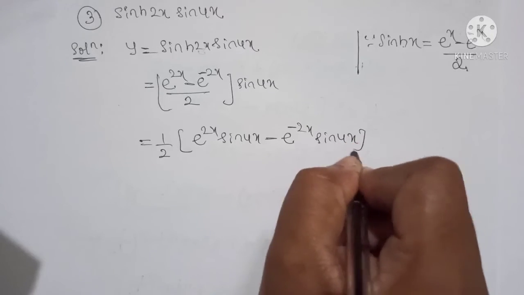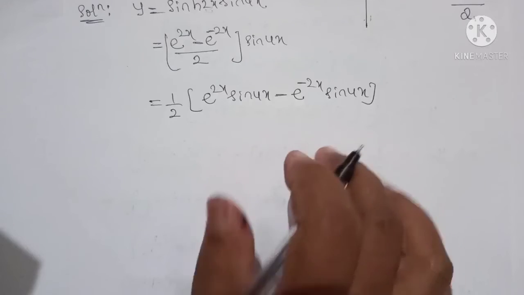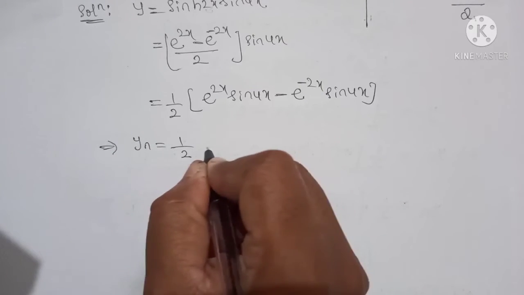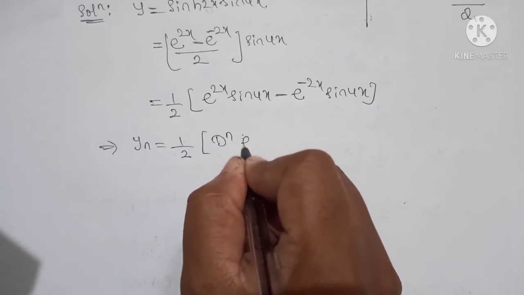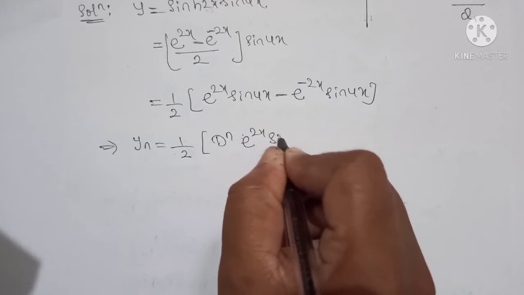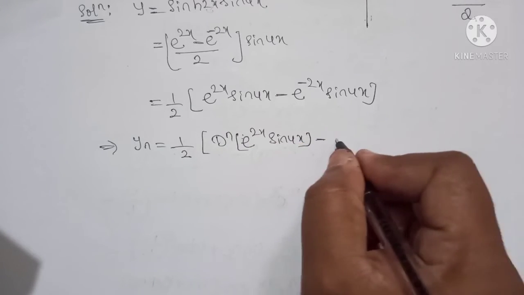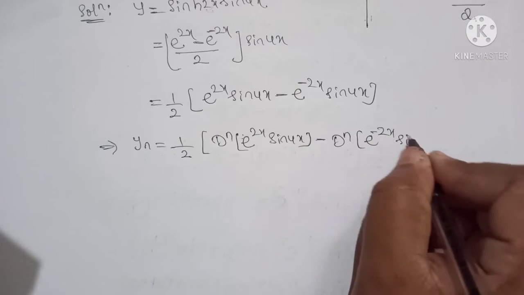Again we apply the formula, that is e raised to ax sin bx plus c. Then the nth derivative of this is equal to 1 by 2 nth derivative of e raised to 2x sin 4x minus nth derivative of e raised to minus 2x sin 4x.